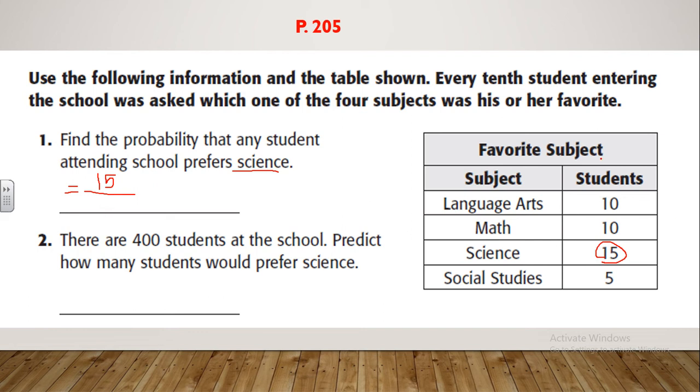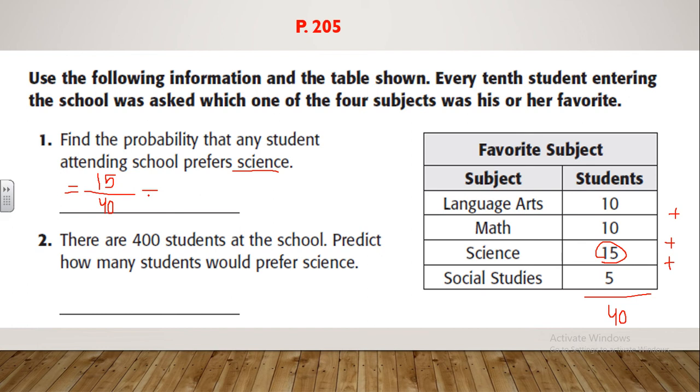We have the numbers of students, but we don't know the total, so we just add. You will do 10 plus 10 plus 15 plus 5, and when you add, you will get 40. Okay? So that will be 15 over 40.